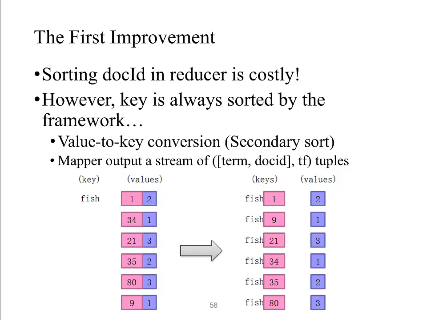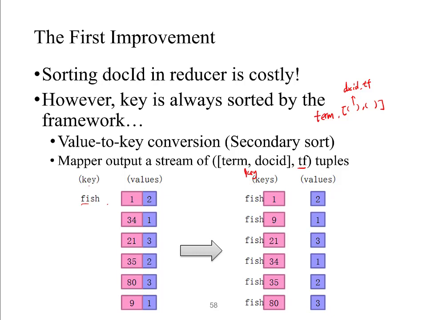So the idea is that the mapper outputs a stream of, if you still remember before, a term and a list where each entry is a document ID and TF. Now the mapper outputs a stream where the key is term and document ID, and the value is TF.